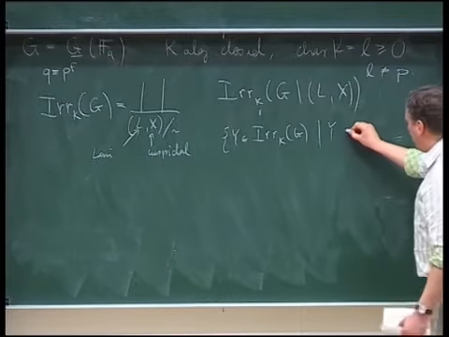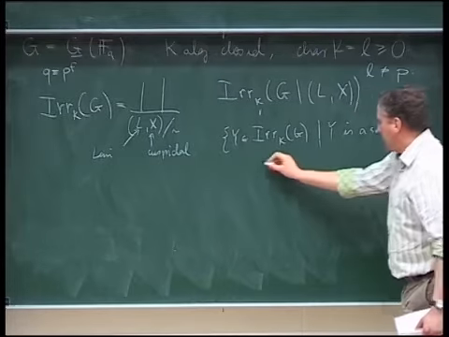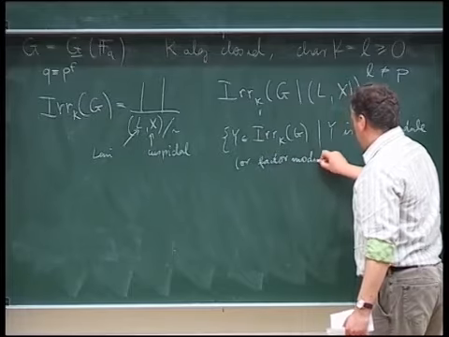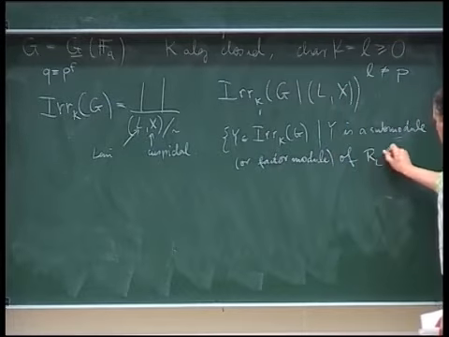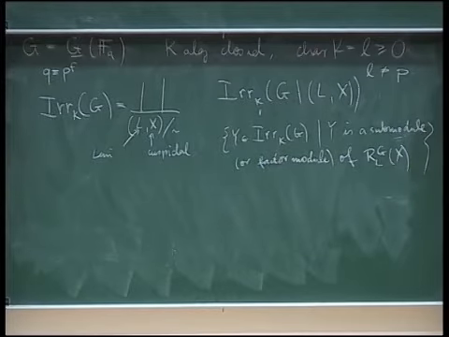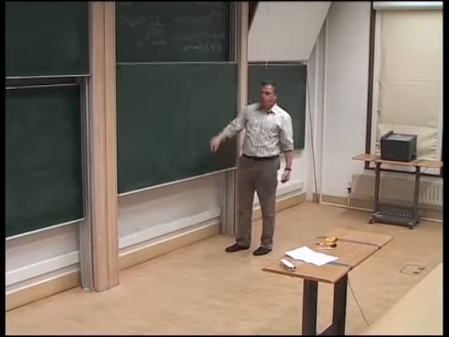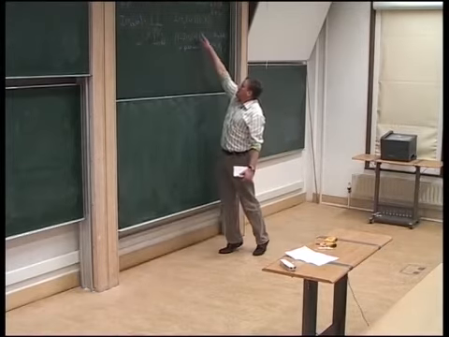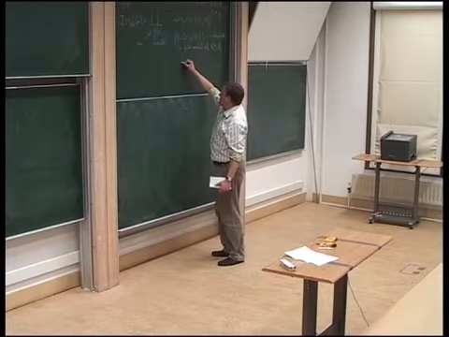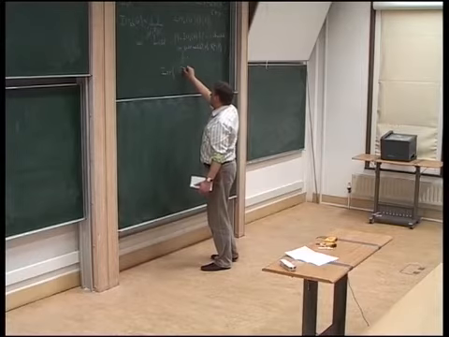We could say Y is a submodule, or equivalently a factor module of this Harish-Chandra induction. And then we saw, using this theory, this theorem on Hom functors, that actually this set is in bijection with another set of irreducible representations, namely with this endomorphism algebra.